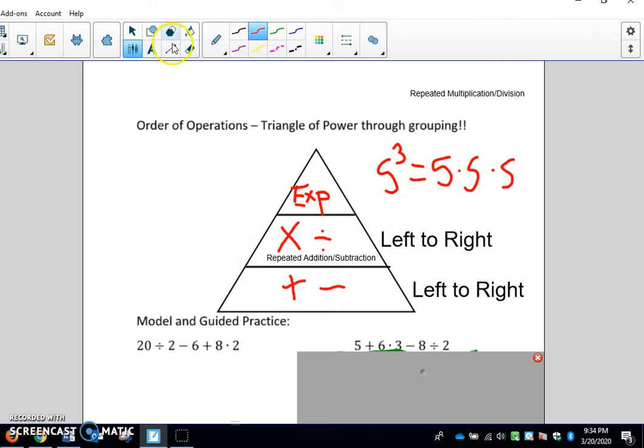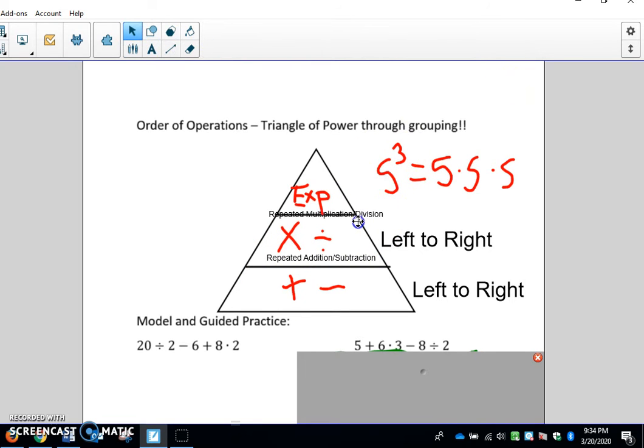This is repeated multiplication, which is why it's the strongest operation we've gotten to so far: exponents are repeated multiplication instead of basic multiplication, just as multiplication is repeated addition instead of basic addition. So I have to evaluate the strongest things grouped together first before I get to the next level of the triangle, which is what we call following the order of operations.